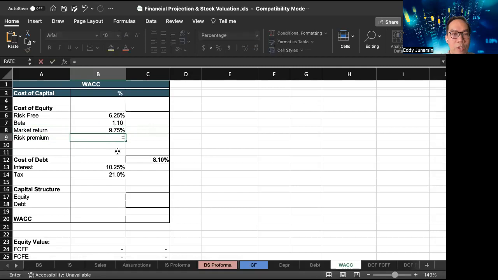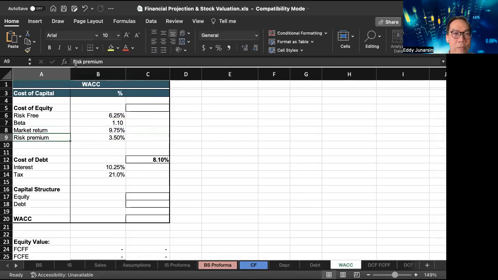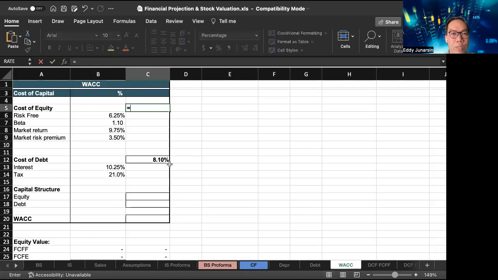So risk premium should be the difference between the market return and the risk-free return. To be more precise, market risk premium. Okay, so the cost of equity using CAPM is the risk-free rate plus beta times market risk premium. So we got 10.10%.